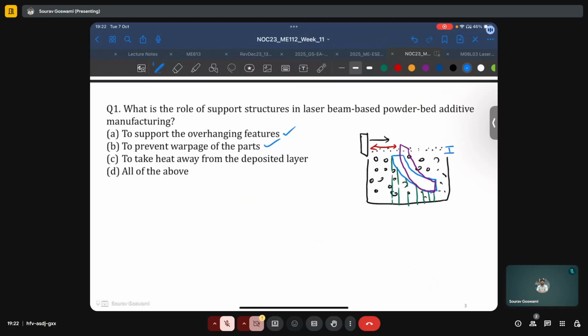Is it to take heat away from the deposited layer? Now, as we discussed during our last session on numerical modeling of the additive manufacturing process, there are certain avenues for heat loss from the system.